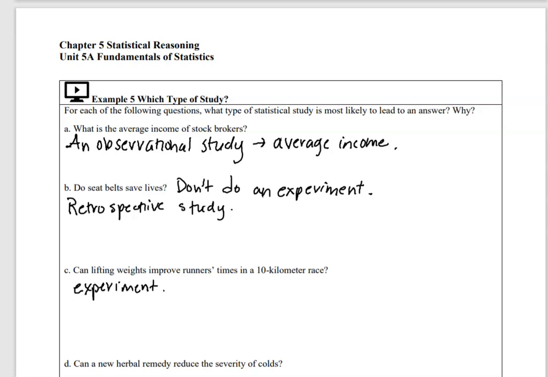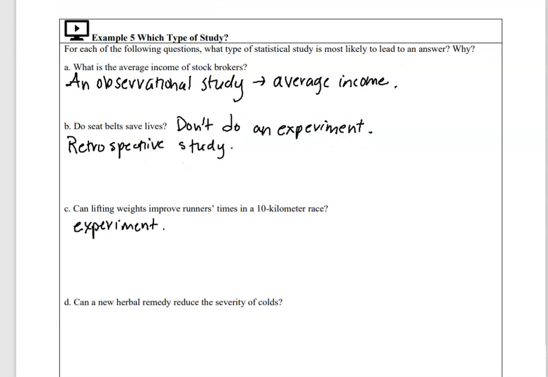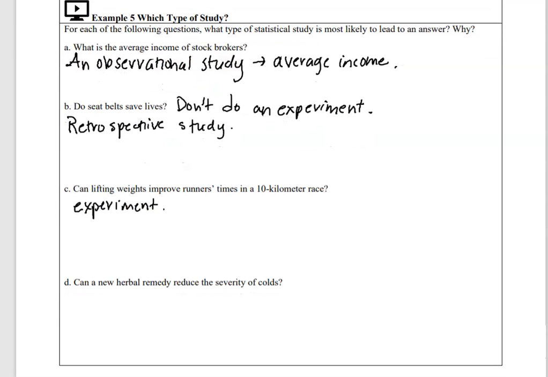Mentally you might think, they're not letting me lift weights. That's not really fair. And it might affect your time mentally, like, of course I'm going to be slower. That might hurt your experiment a little bit. But for the most part, yes, you could figure that out.